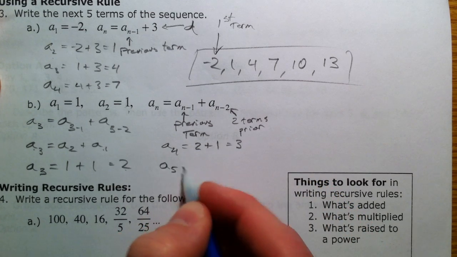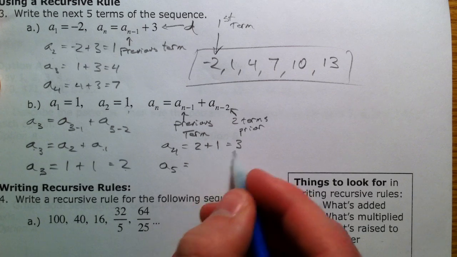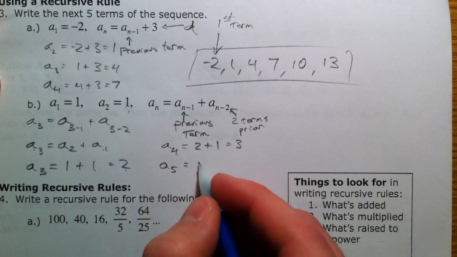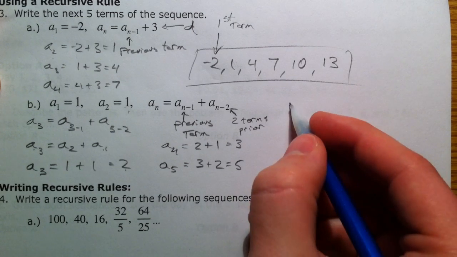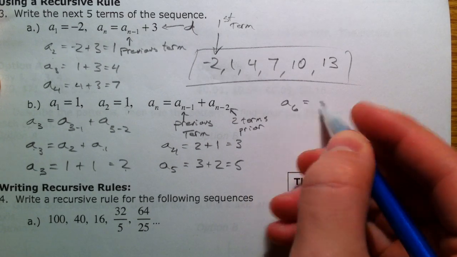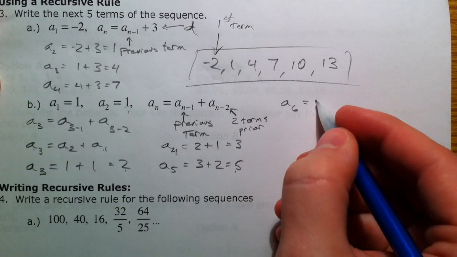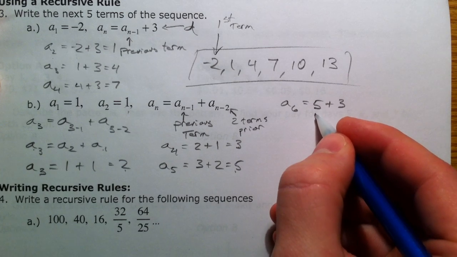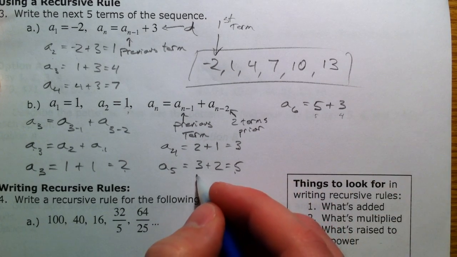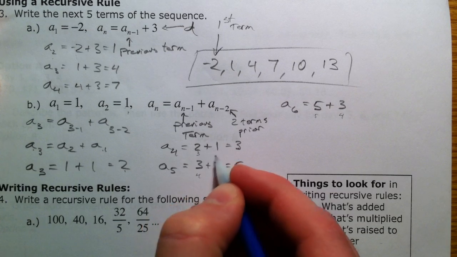And the fifth term is going to be the fourth term plus the third term. A sub 6, the fifth term plus the fourth term, 5 plus 3.